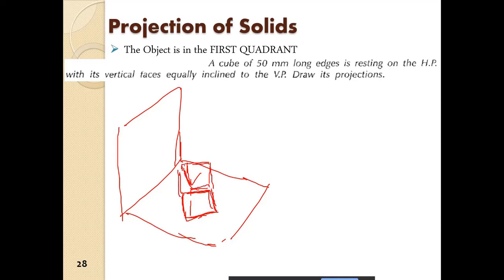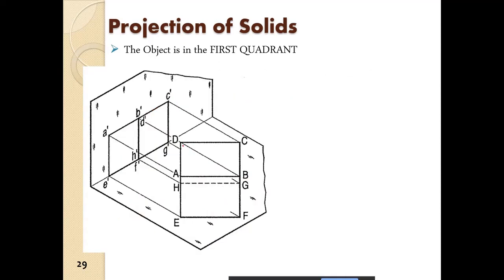The cube is in front of the vertical plane, and the edges of the cube are 50 mm. So this is the cube.